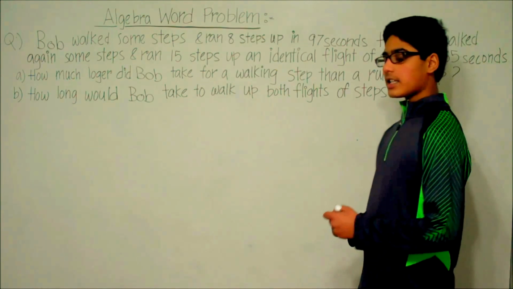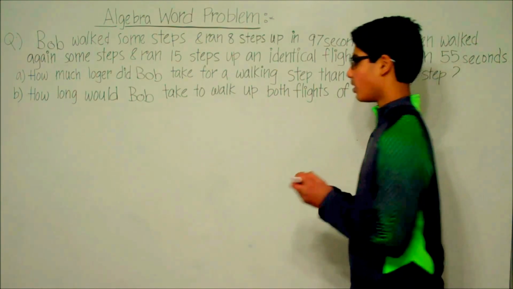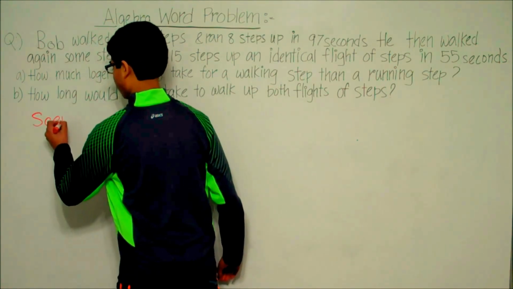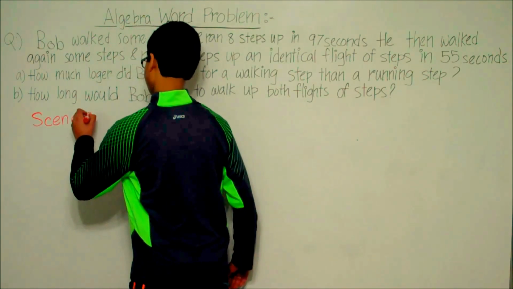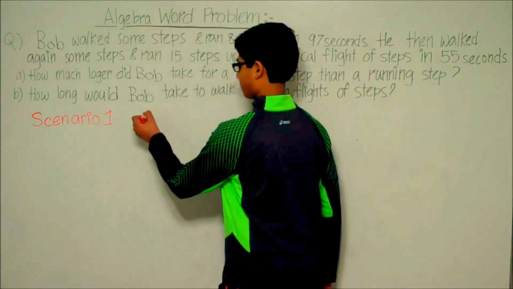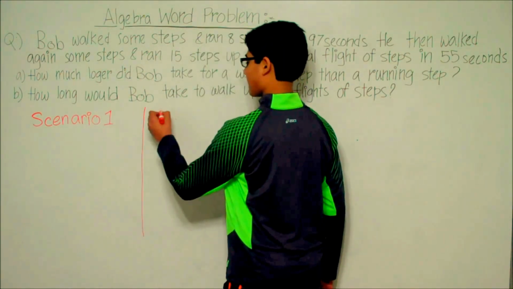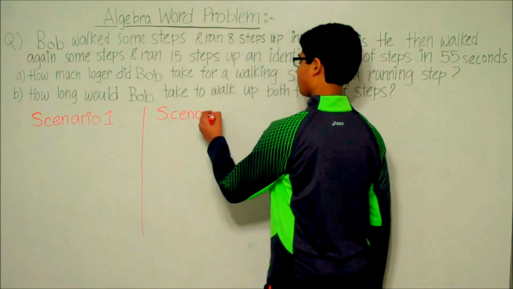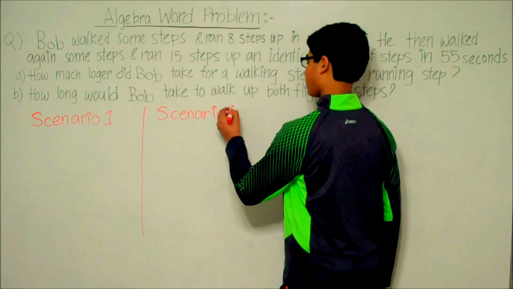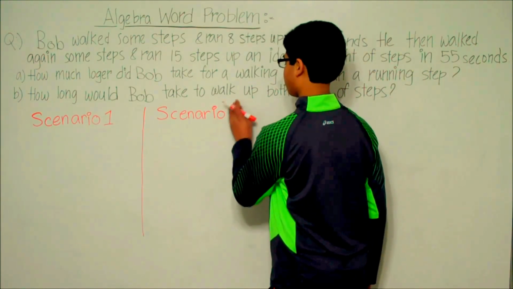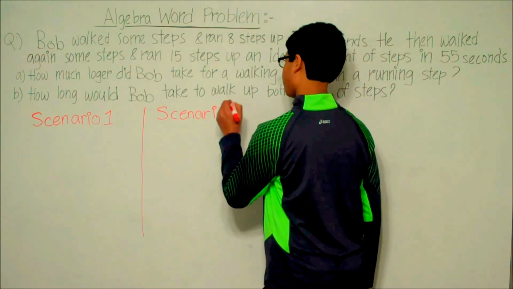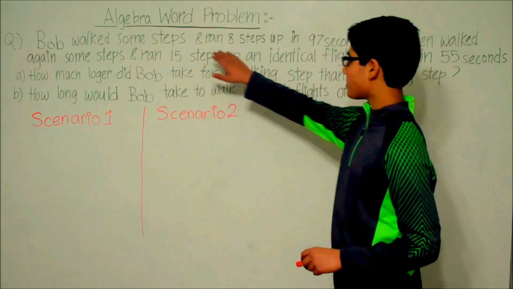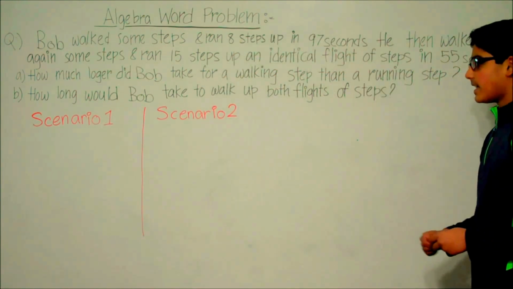Now, let's divide up part of the space we have into 2 columns. Let's label the first column as Scenario 1, and the second column as Scenario 2. Now, the problem states that Bob walked up some steps and ran 8 steps in 97 seconds.